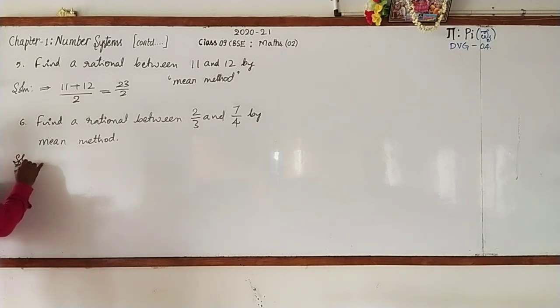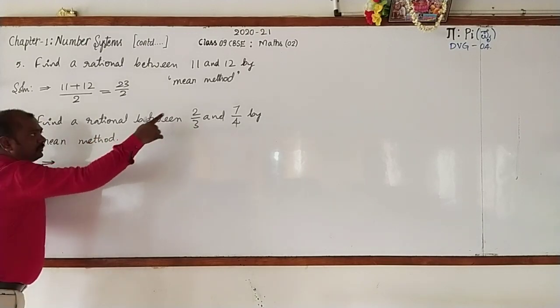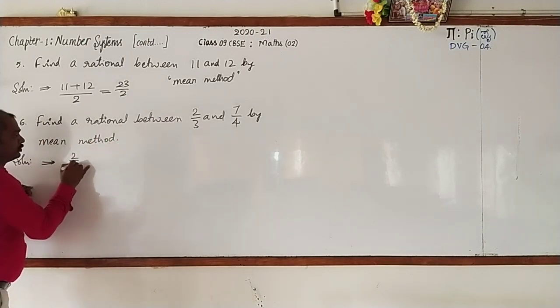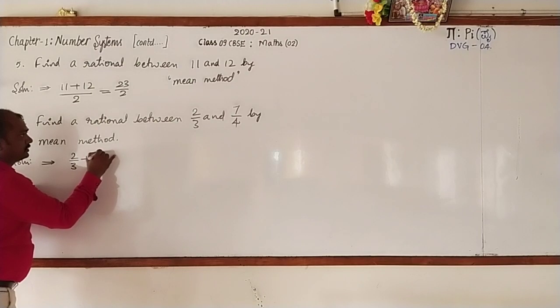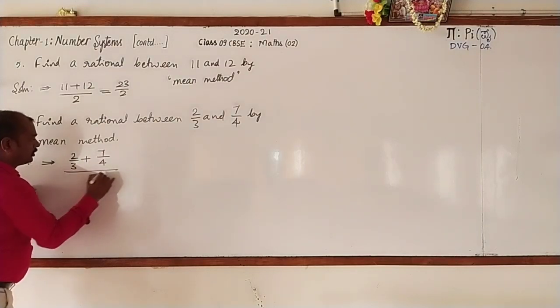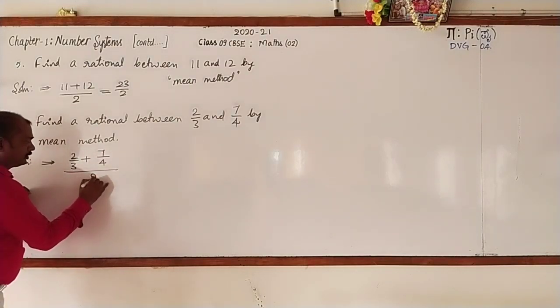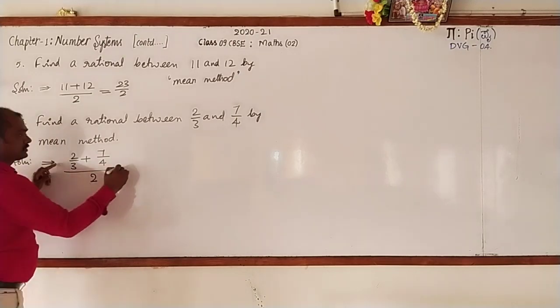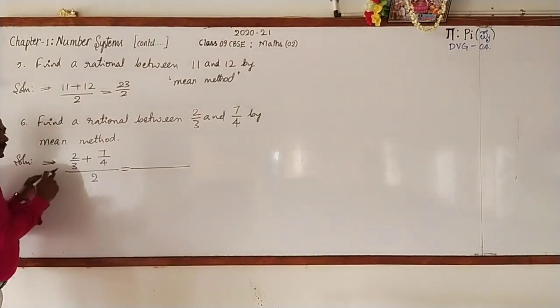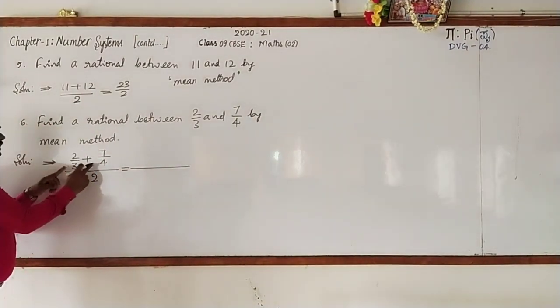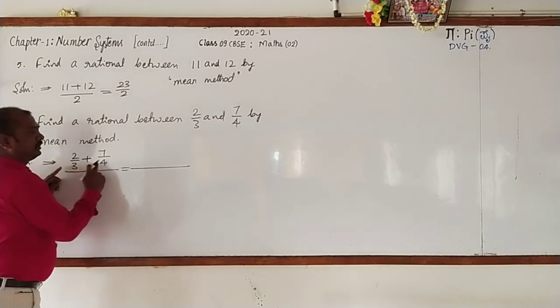Now look at it. So I add both the rational numbers, that is 2 by 3 plus 7 by 4, divided by 2 because there are two rationals. Now simplify the numerator by taking their LCM. LCM will be 12.